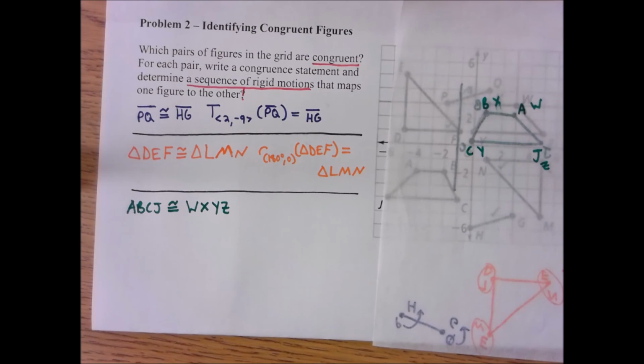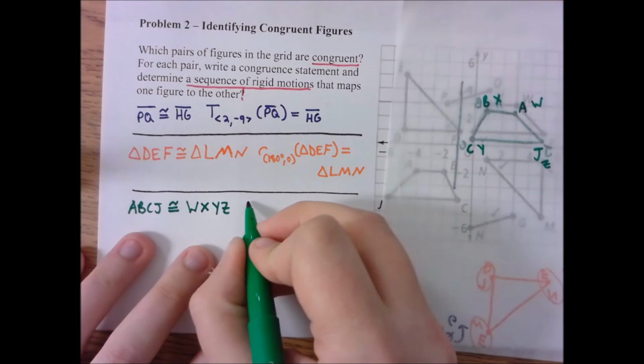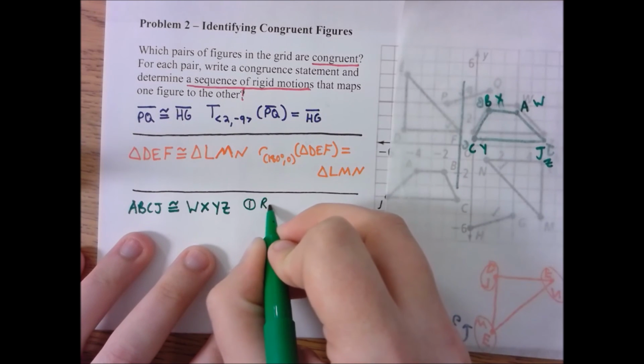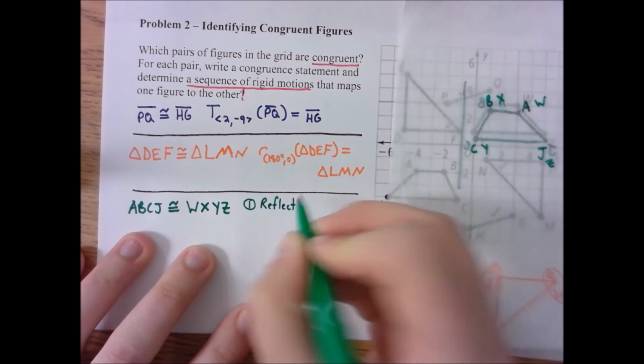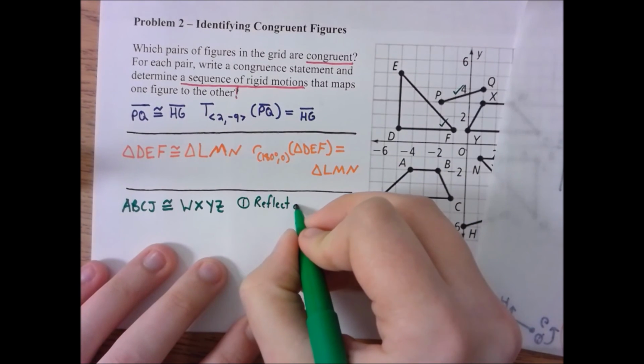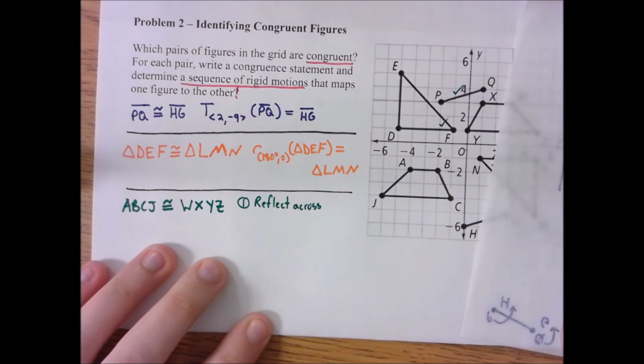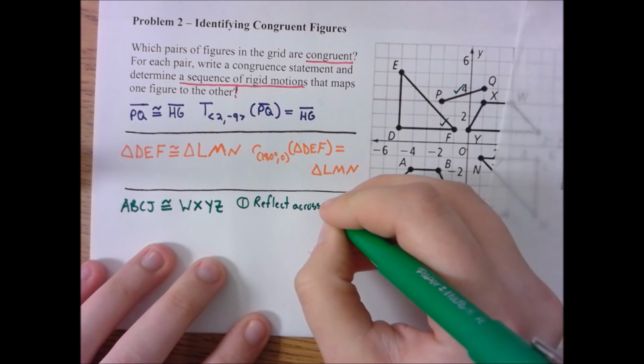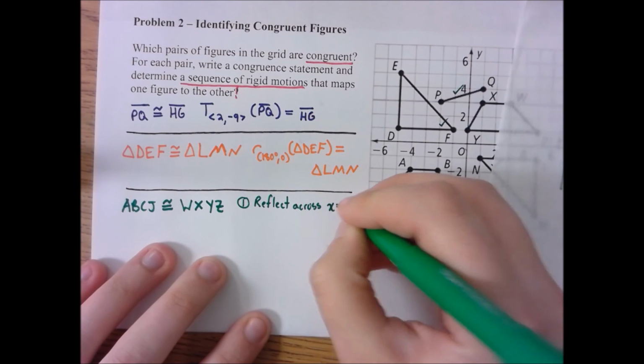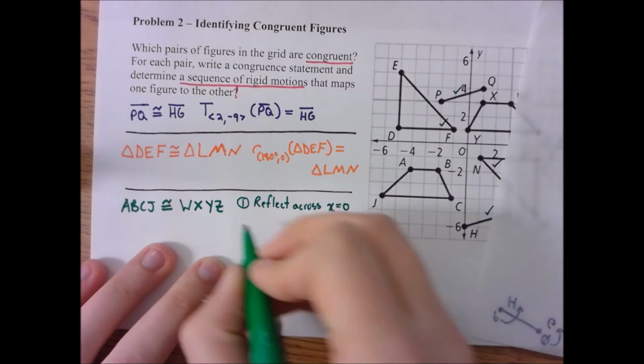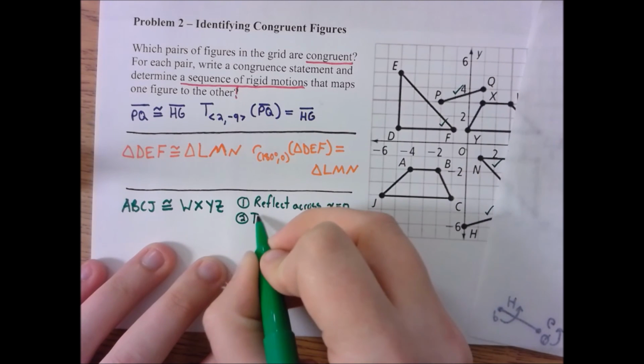So what we did was we reflected, I'm going to write this down. First thing we did was we reflected across the y-axis, which is the line x equals 0. Then we translated.